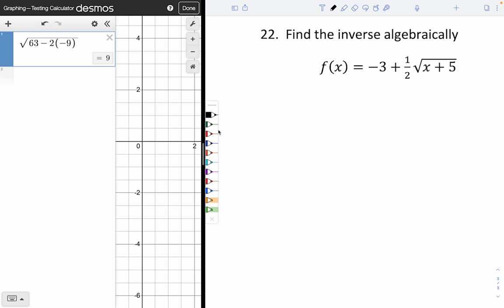Okay, so number 22, find the inverse algebraically. Again, we're finding the inverse equation, just like before. f of x is the same as y, don't let that throw you off. To find the inverse equation, you switch x and y. So x equals negative 3 plus 1/2 square root y plus 5.